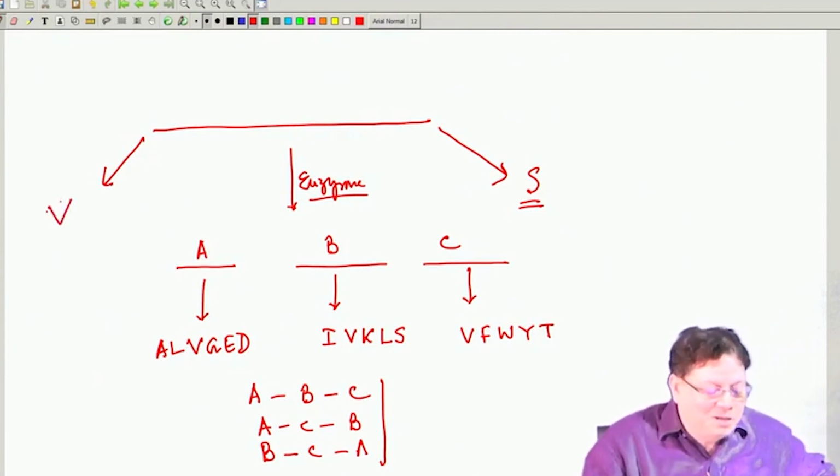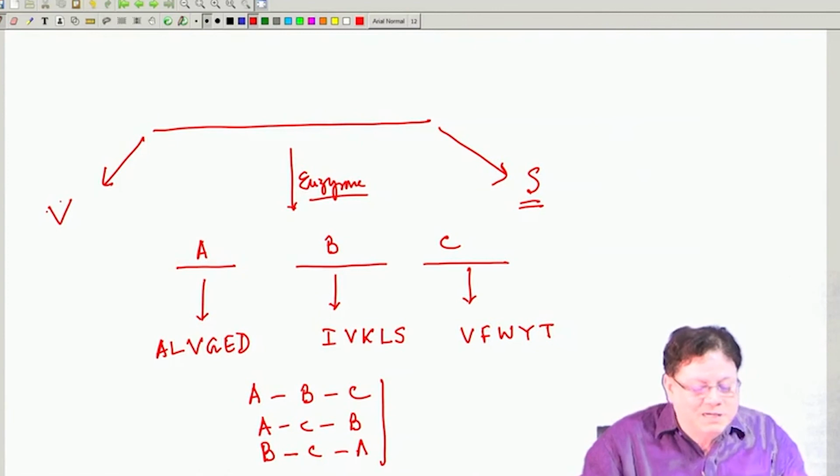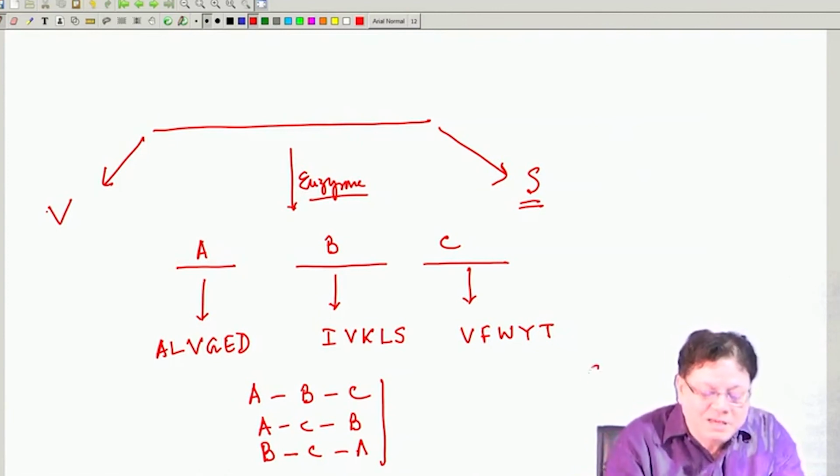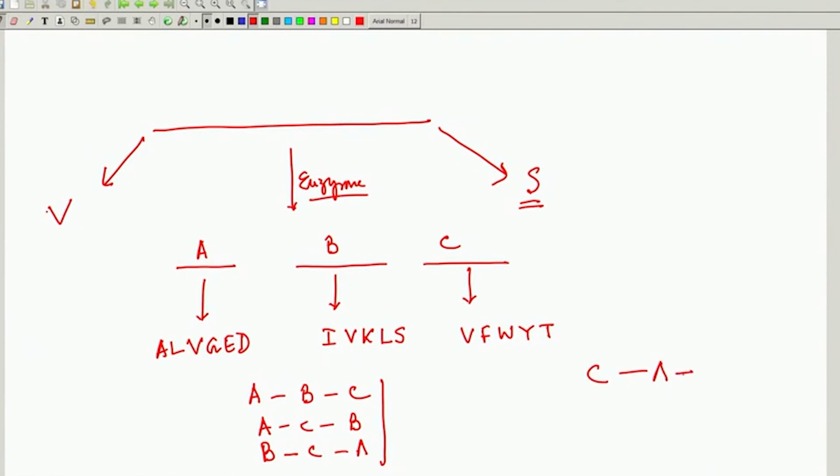Now you know that if V is the first amino acid, it has to be C followed by A followed by B. Because in B, S is the last amino acid, and in C, V is the first amino acid. In this way you can do it, but if the fragments are more, then there is a problem.